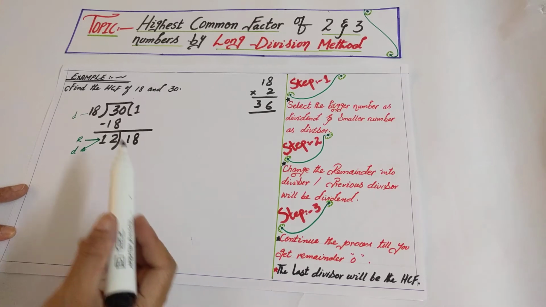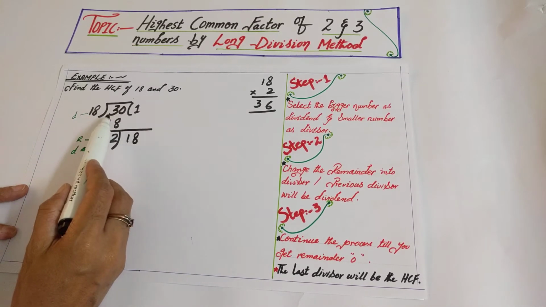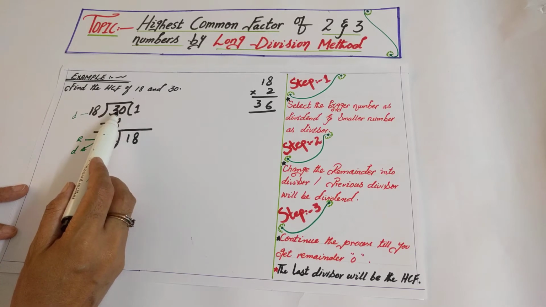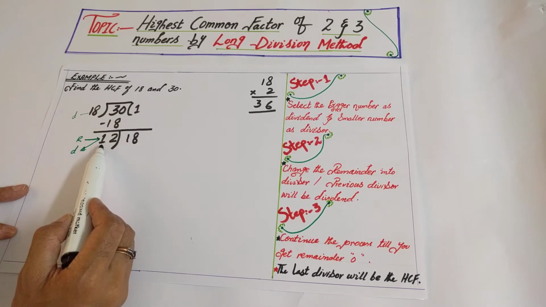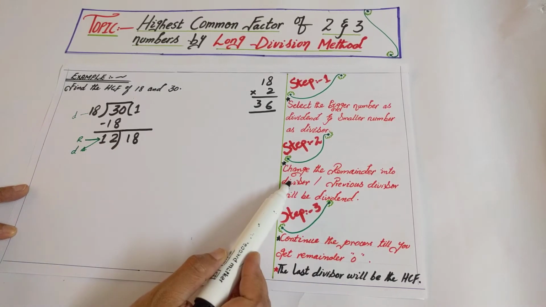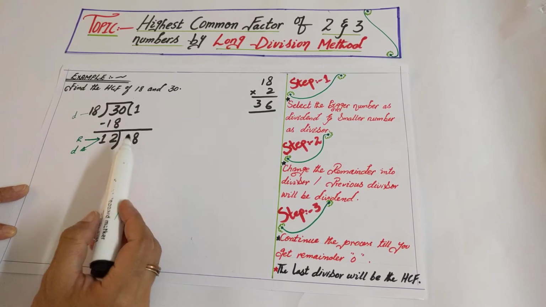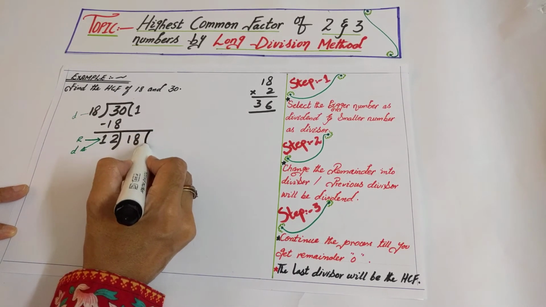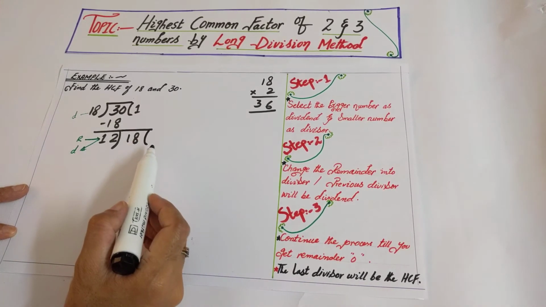Got it? After solving the first step, we are getting the remainder 12, and this 12 remainder will be converted into divisor, and the previous divisor will be converted into dividend. Now we will complete the long division sign and solve the second step.